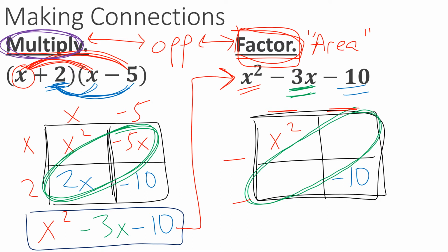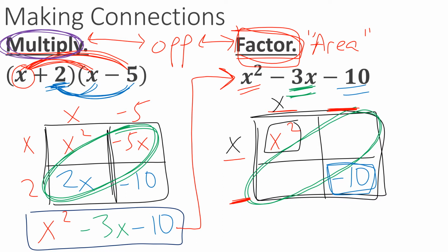Here's what I know right now. I know this has to be an x and this has to be an x, the only two things that multiply together to get x squared. The other thing I know is that whatever these two spaces are, they have to multiply together to get -10.